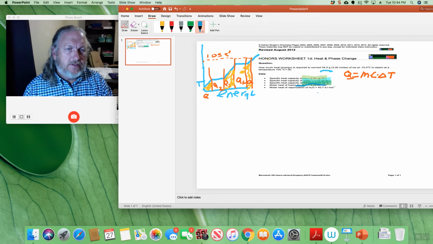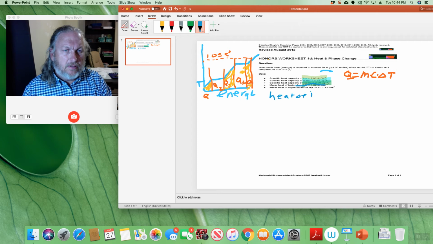The heat of fusion is equal to the molar heat of fusion, a constant, the delta H of fusion, times the number of moles.